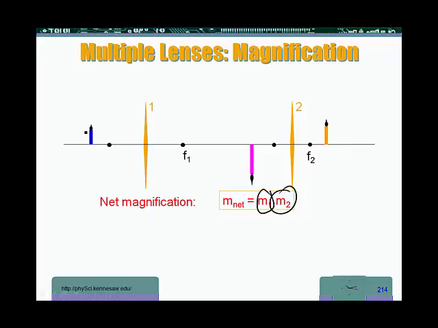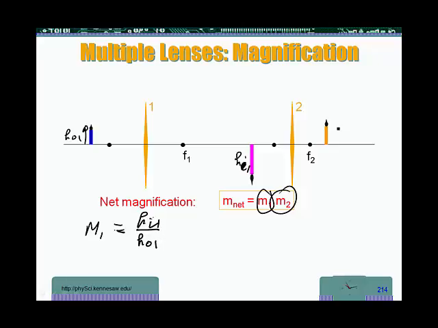For example, if this lens has an object HO1 and results in an image HI1, remember magnification 1 for lens 1 is going to be given by HI1 over HO1.